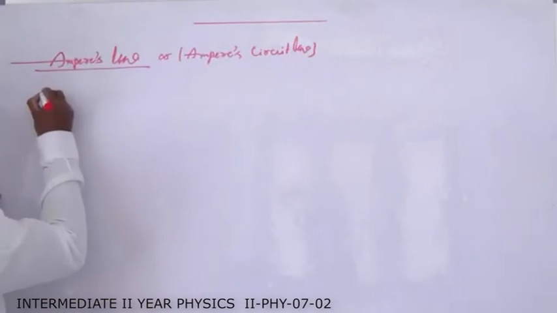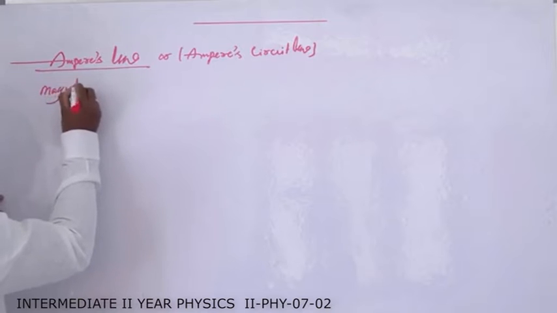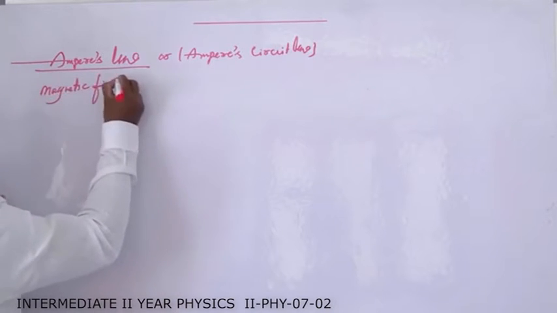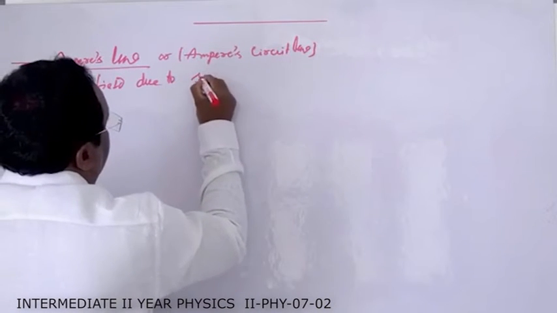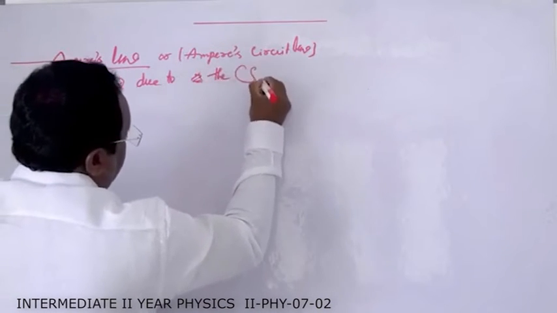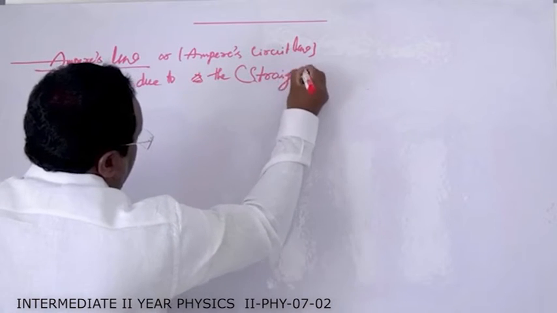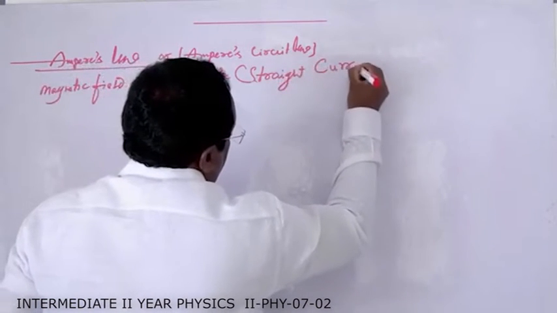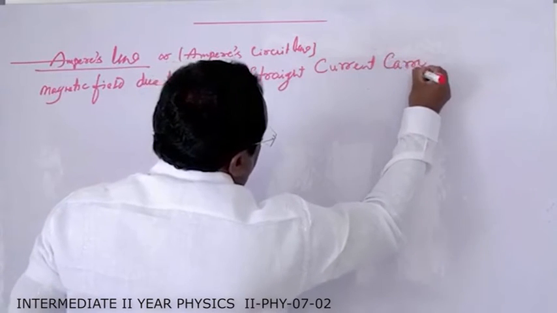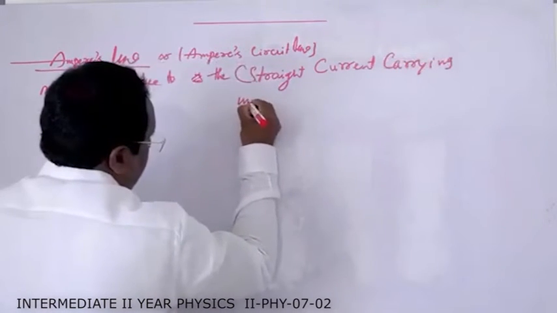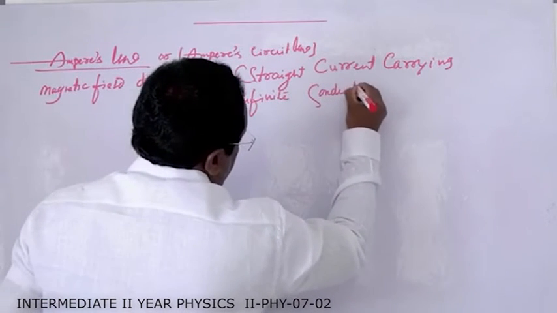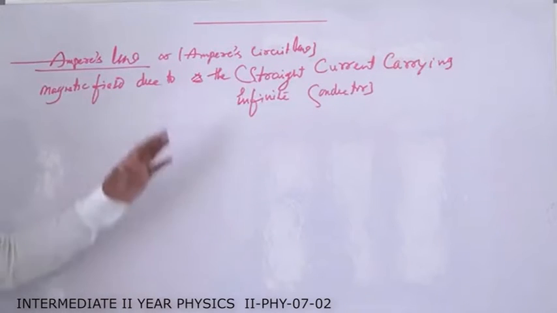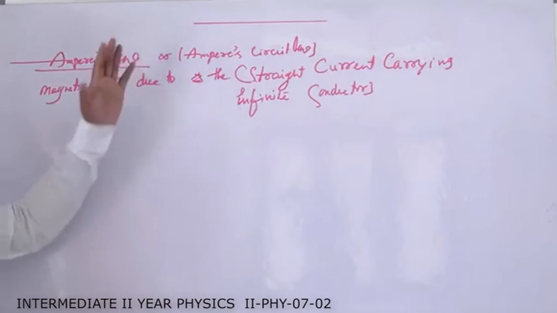To find the magnetic field due to the straight current carrying infinite conductor. If you want to find the magnetic field due to a straight current carrying conductor, we can go for Ampere's law.